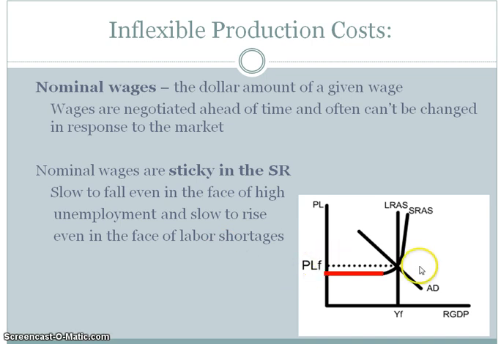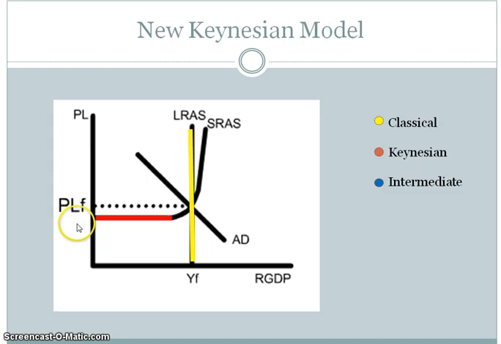Likewise, if times are going well, you're not going to see an increase in wages to adjust to that either. And so when we look at this Keynesian model, in the short run his is a horizontal curve, as opposed to the upward sloping curve shown in the classical model.